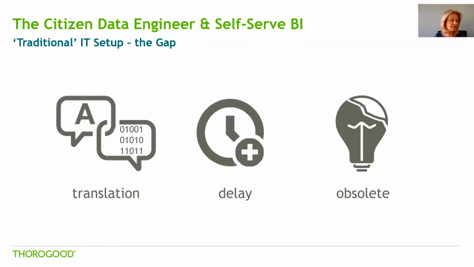It would have got into an IT queue of some sort, and that invariably introduced delays. Those delays caused frustrations. We saw the emergence of Agile as a development methodology to try and overcome some of those delays. But in the end, it's still taking a long time to get information and analytics to the users, and quite often by the time they got them, they were obsolete.